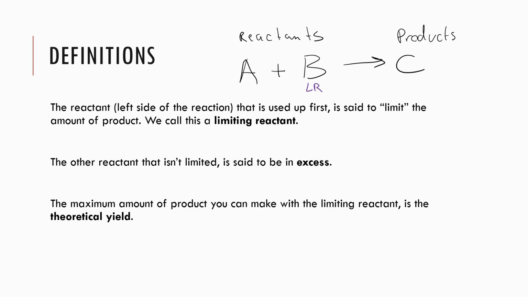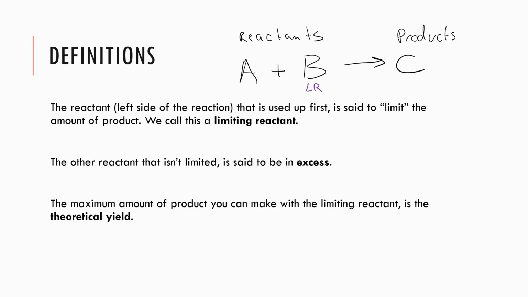Finally, the maximum amount of product you can make is the theoretical yield, and that is based on how much the limiting reactant can make. The reason for this is once all of B gets used up, A can't react anymore because there's nothing for it to react with.